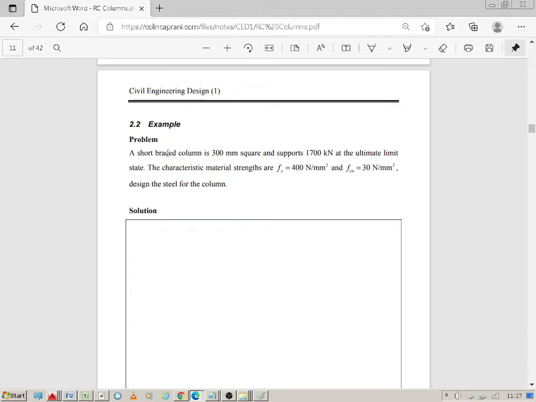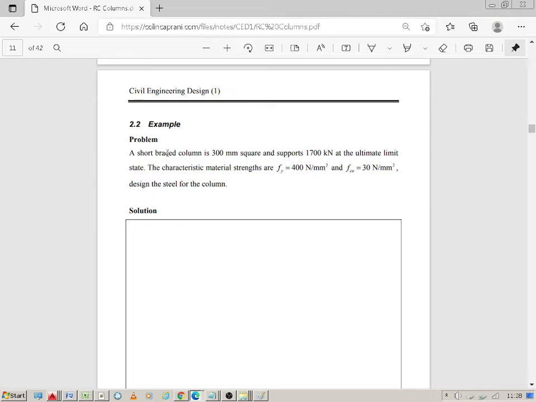When you have a braced column, it means, as I said before, that shear walls, lift cores or steel diagonal bracing provide resistance to the lateral forces on the building. For example, the wind load on the building is transferred from the elevation, via the plate action of the slab, to the shear walls or the lateral bracing system.